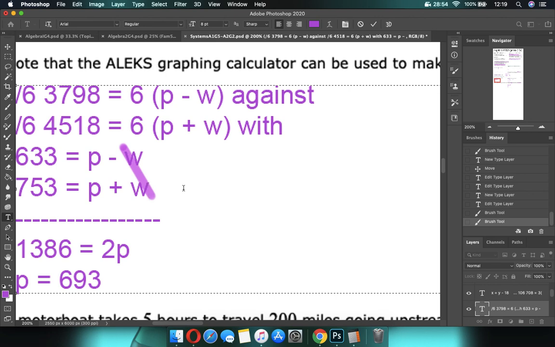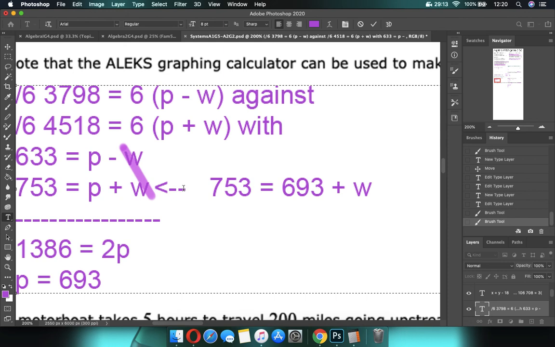I tend to choose this one because, again, the numbers are smaller and easier to wrap your head around, and also I'm not going to be dealing with any pesky elimination or negative numbers. So 753 equals our 693 plus the wind.